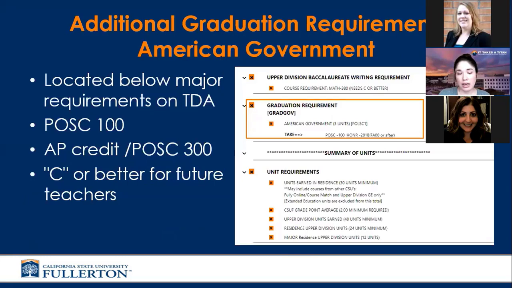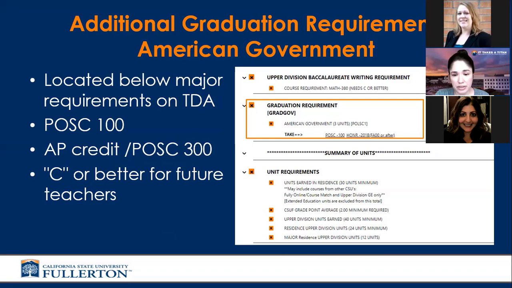We also wanted to take a moment to point out something on your Title 5 additional graduation requirement. It's your American government requirement. Now, you've likely fulfilled this requirement. Just in case you haven't, it's located on the TDA, not right underneath those GE requirements, actually much further down.